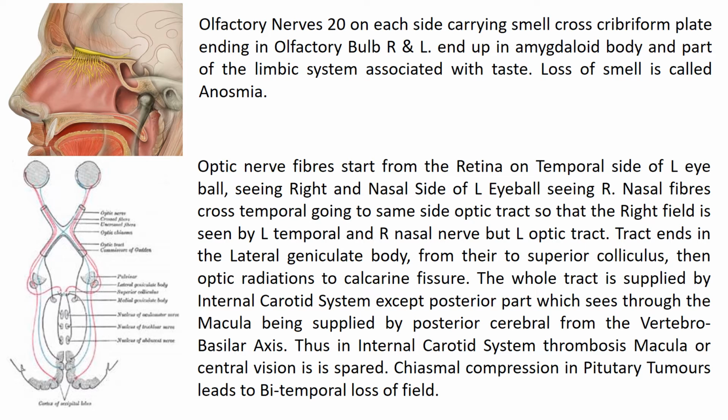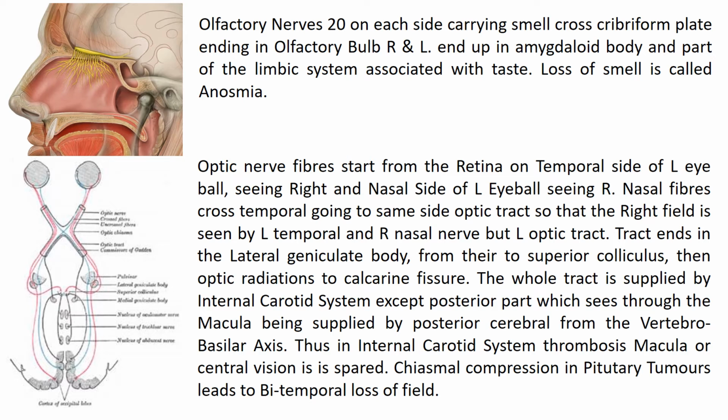The optic nerve fibers start from the retina on the temporal side of the left eyeball, seeing right, and the nasal side of the right eyeball, seeing right. So the right half is left temporal and right nasal.